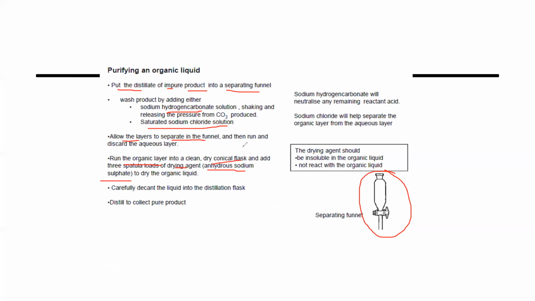Then after adding the drying agent, we decant the organic layer into a distillation flask and distill again. We redistill and obtain a pure substance at its boiling temperature.